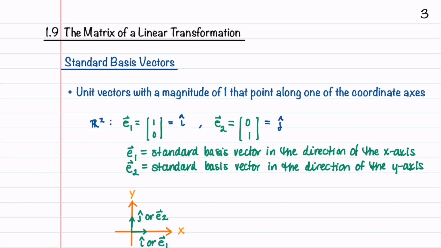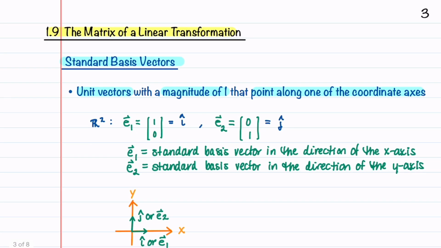Let's now review the concepts associated with the matrix of a linear transformation. We're going to begin by reviewing standard basis vectors. The standard matrix of a linear transformation contains transformations of vectors that are called standard basis vectors. They're just unit vectors, which means they have a magnitude of 1, and they point along one of the coordinate axes.